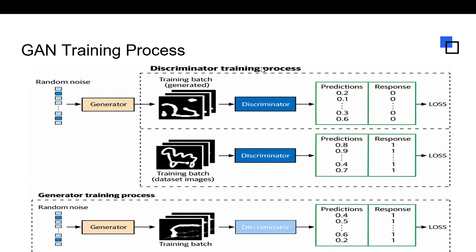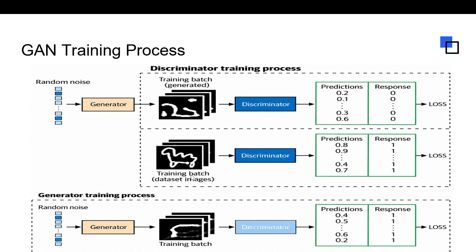In the discriminator training process, two types of data sets are given as input to a discriminator. One is generated data, which is fake data. The next one is real data. For the discriminator training process, from random noise we can produce a synthetic data set with the help of a generator, and this synthetic data set is given as input to a discriminator.